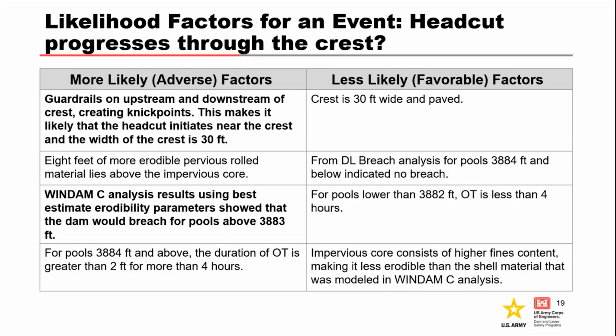So just by looking at this one, you would kind of assume that they probably think that the head cut's going to begin right off the edge of the crest. And it certainly looks like they put more weight into the wind dam C analysis, maybe so than they did the deal breach analysis listed on the right.